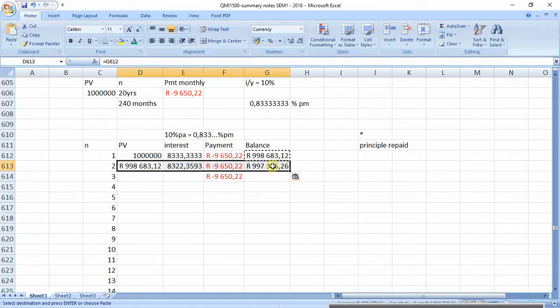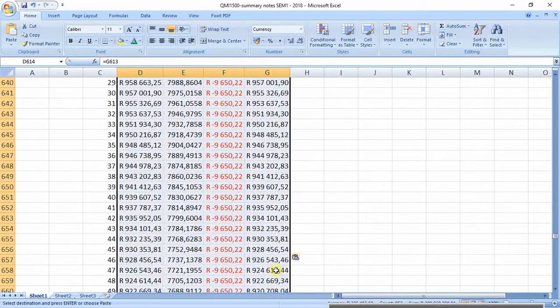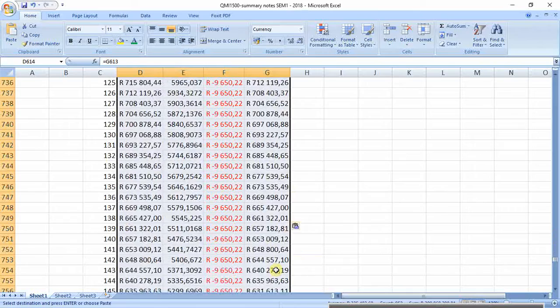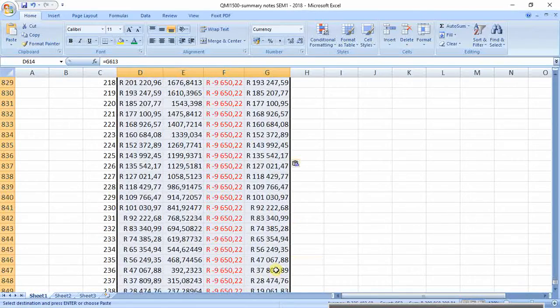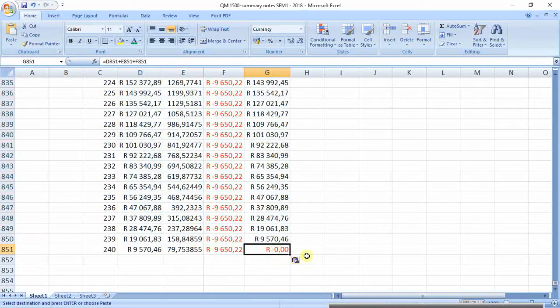So if we do this for 240 periods, what are we going to get? Eventually a 0. It's amortized.